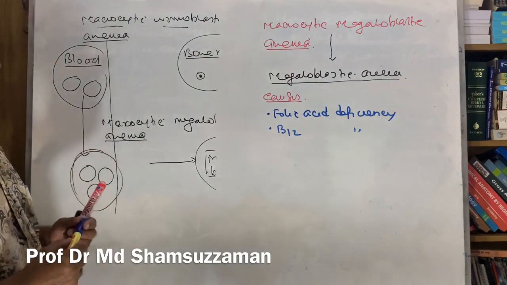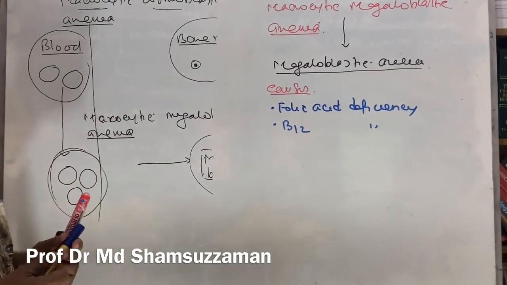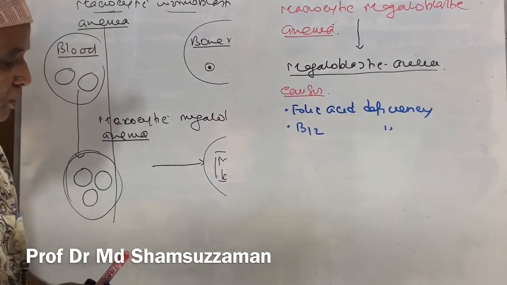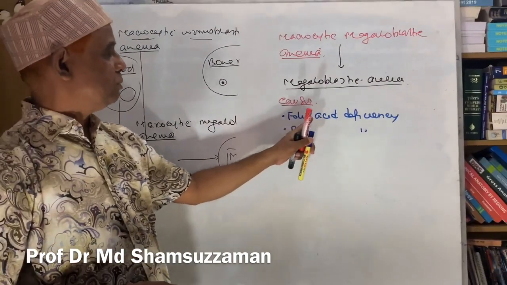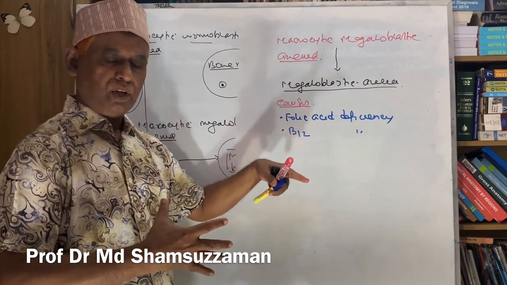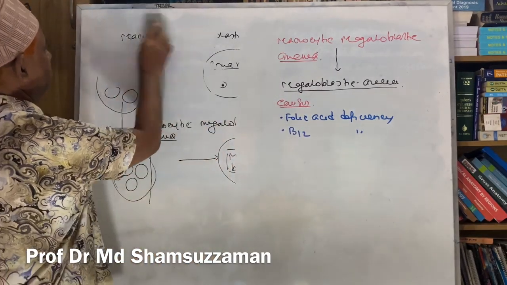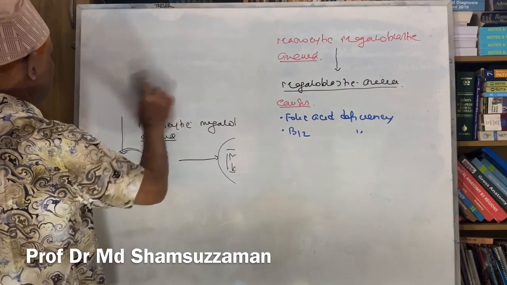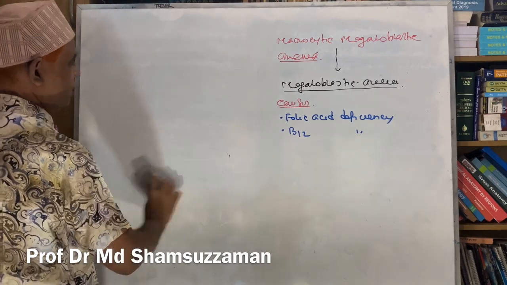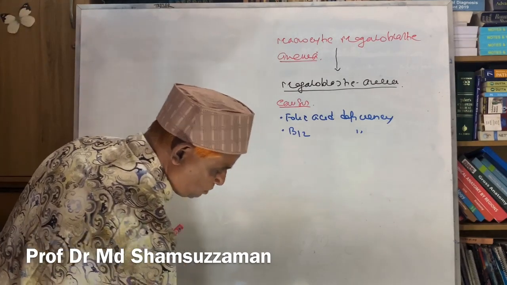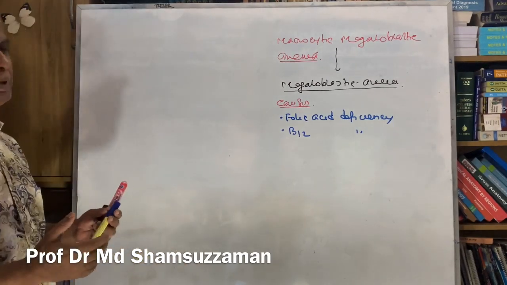These are the causes of megaloblastic anemia, that is, macrocytic megaloblastic anemia. Now, if there is deficiency of either of these two or both, how does megaloblastic anemia develop? That is, how does deficiency of these two or one of them cause megaloblastic anemia? That is pathogenesis.